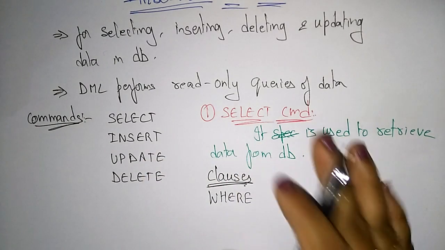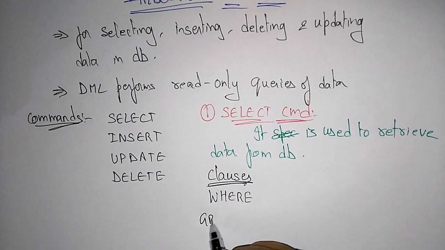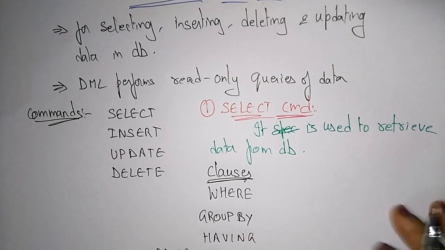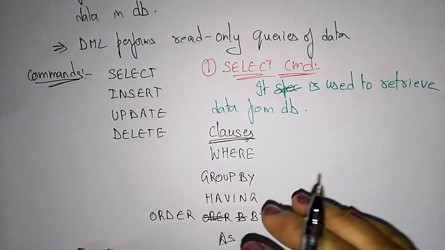The clauses used with the select command are where, group by, having, order by and as clause. These are the different clauses used in the select command.